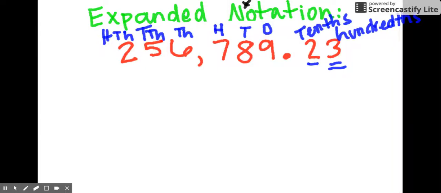Okay, we're going to start with the biggest number. Since the 2 is in the 100,000s, I need, remember, just one number here. Then I do the multiplication since it's in the hundred thousands place. Let's count how many zeros we need. 1, 2, 3, 4, 5, 6, 7. I need 7 zeros. So let's put a 1, then count 7 zeros.